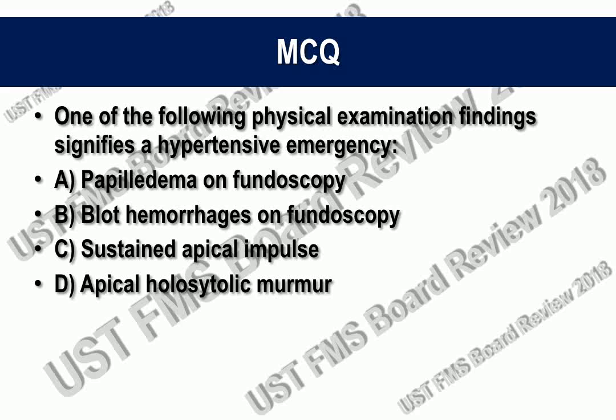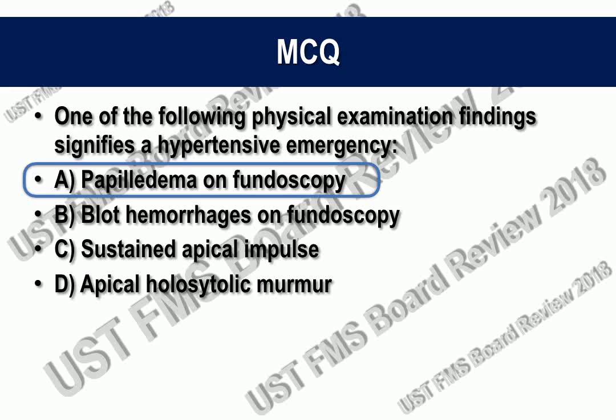One of the following physical examination findings signifies a hypertensive emergency. Which one is the answer? So in here, there's only one finding that would signify a hypertensive emergency, and that would be a papilledema on fundoscopy.